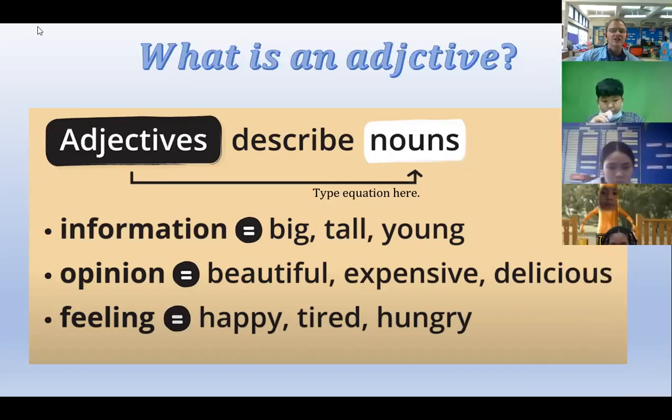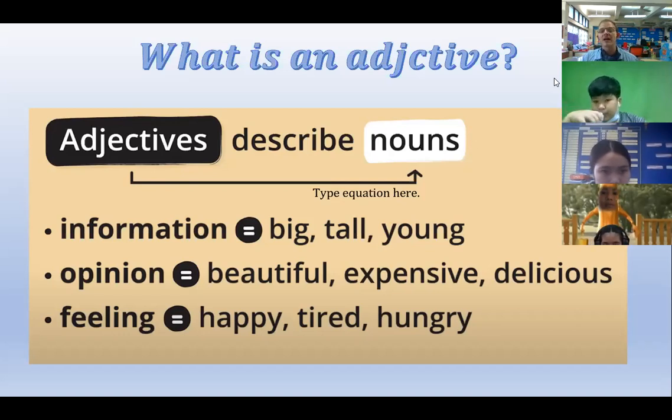And what is an adjective? An adjective is something that describes the noun. It gives us a little bit more information about the noun. For instance, an adjective of information will tell us if something is big, tall, young, short, or round.